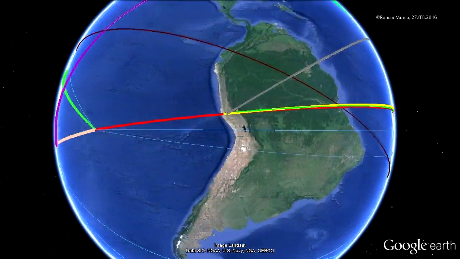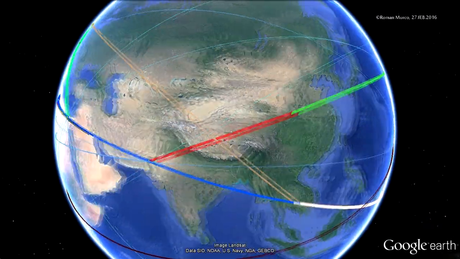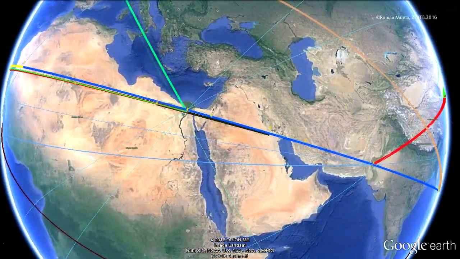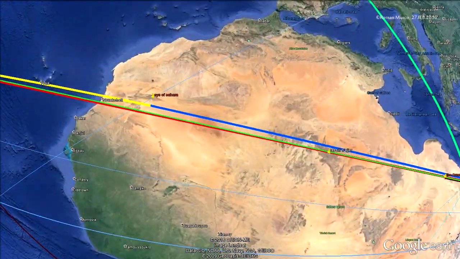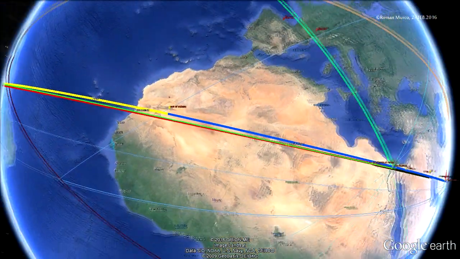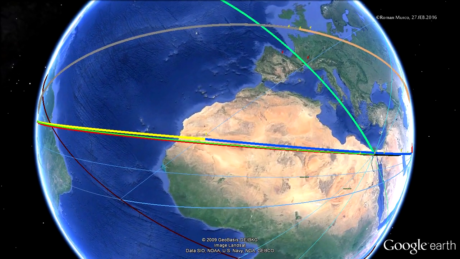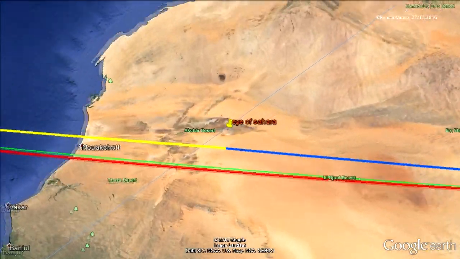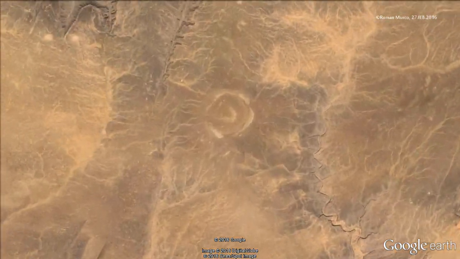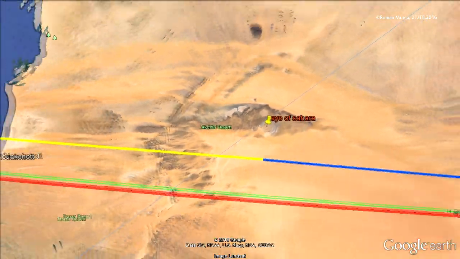Now let's focus on this eye, and we can see that from Mohenjo-Daro to the Eye of Sahara is 8,000 kilometers, plus minus 20 or 30 kilometers, which I believe was this smaller circle later. Okay, so they were working with precision, and this grid can move.